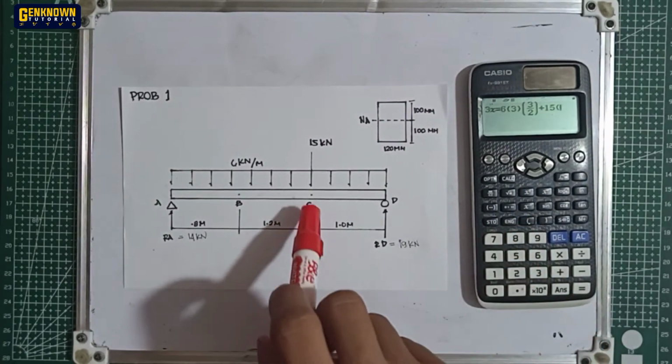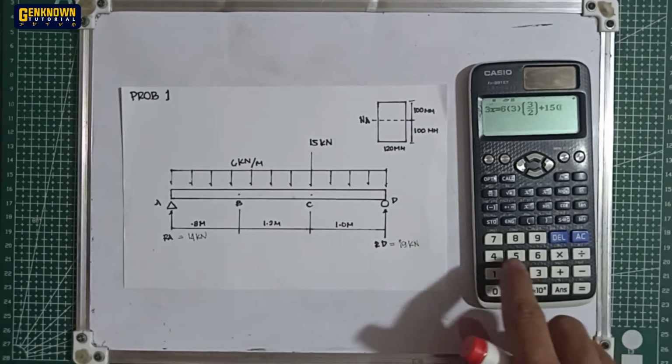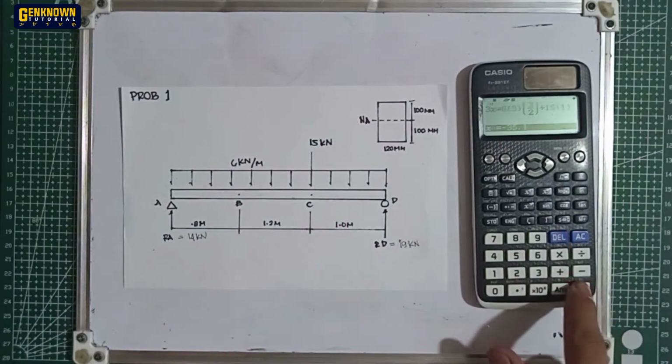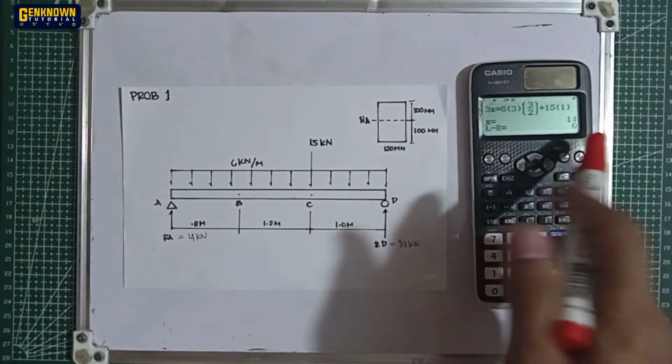At yung distance ng point C or nitong concentrated load natin from the point D is equal to 1 meter. So, ayun, that's why the reaction at A is equal to 14.